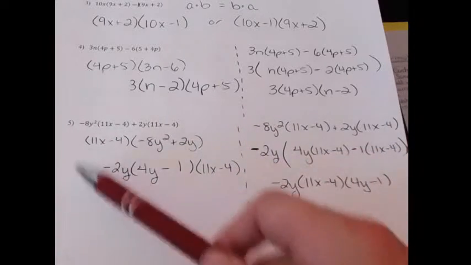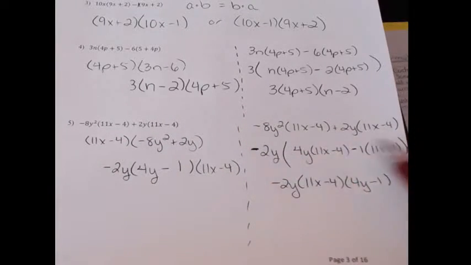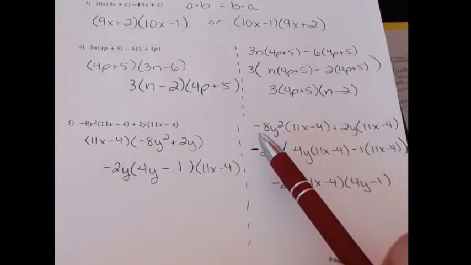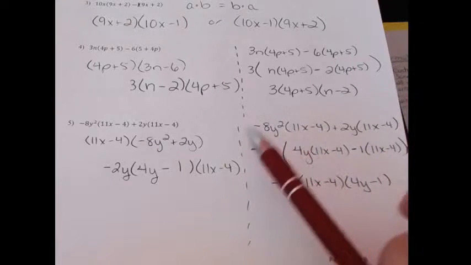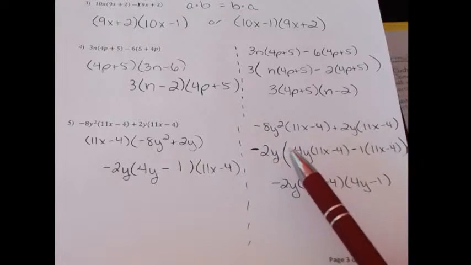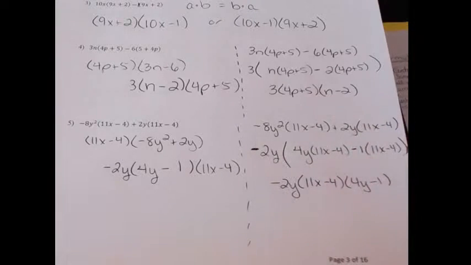Okay, it works. Why not? If you wanted to do a piecemeal like this, that will work as well. If you wanted to say, well, my GCF completely is a negative 2y times 11x minus 4, and then say that leaves you with 4y minus 1, that works as well. So it's completely up to you.